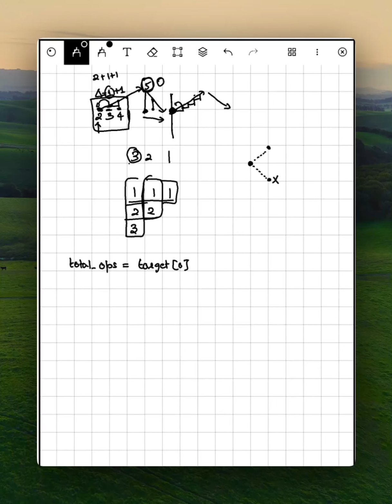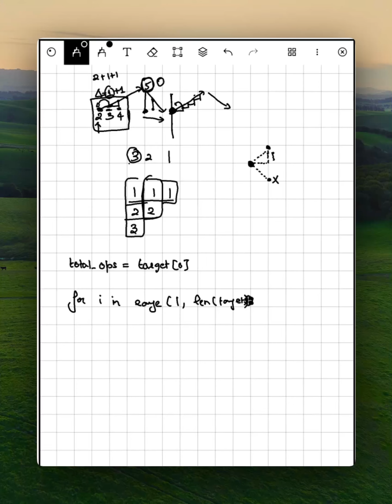So let's do that for i in range from 1 to len of target.